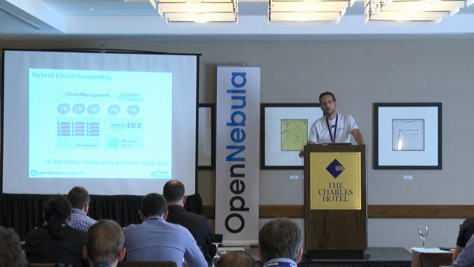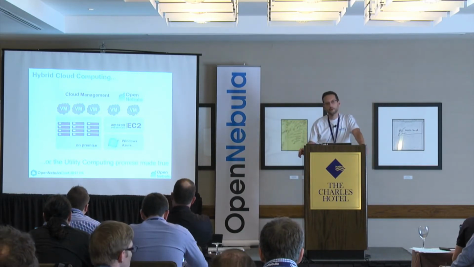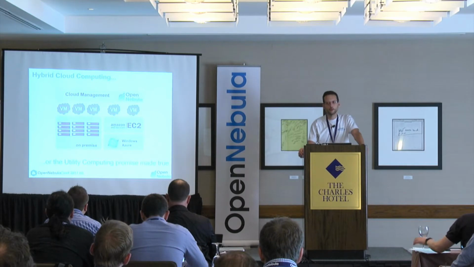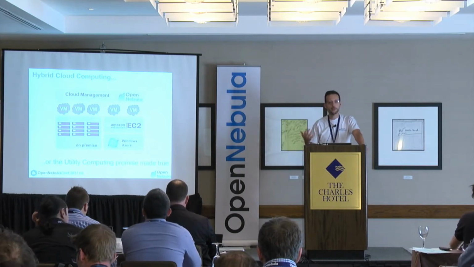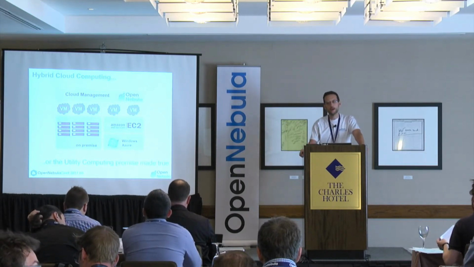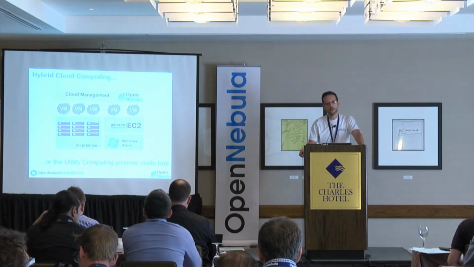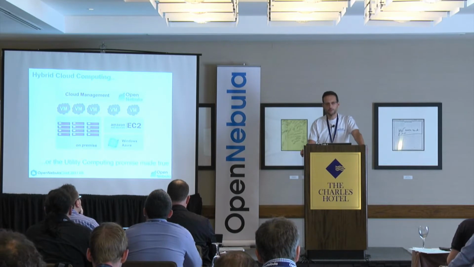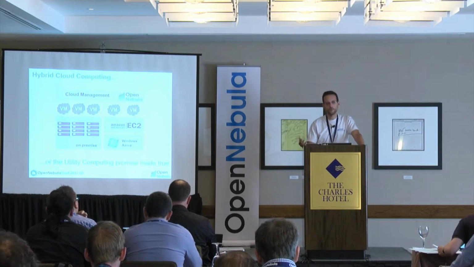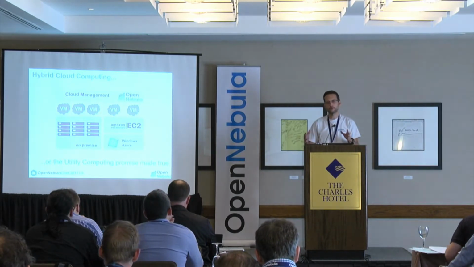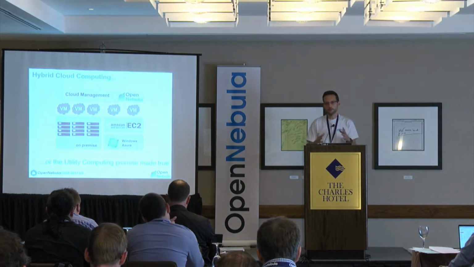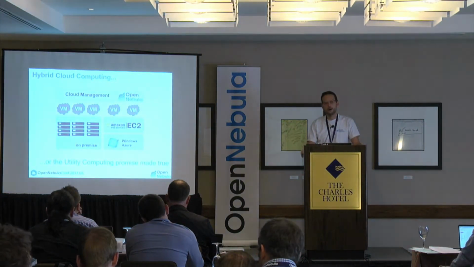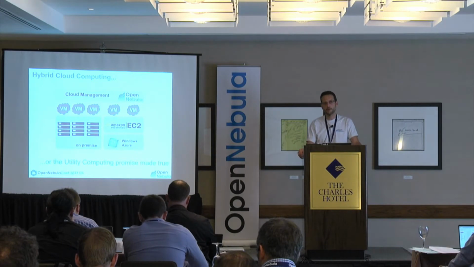This is more or less the architecture you're going to find with OpenNebula hybrid cloud computing. This may seem too evident for all of you now, but when we started in 2008, hybrid cloud computing wasn't really that natural for people, and the idea of combining your on-premise resources with an external provider was rather new.